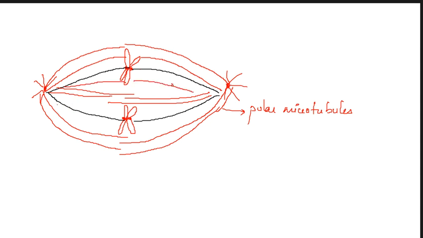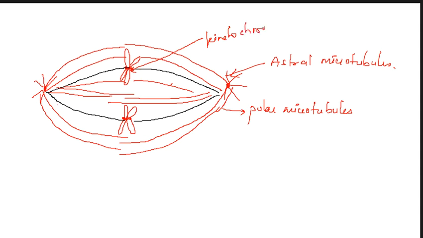These are the astral microtubules, which form astral fibers, and this is the kinetochore microtubule. I am marking it with another color as well.